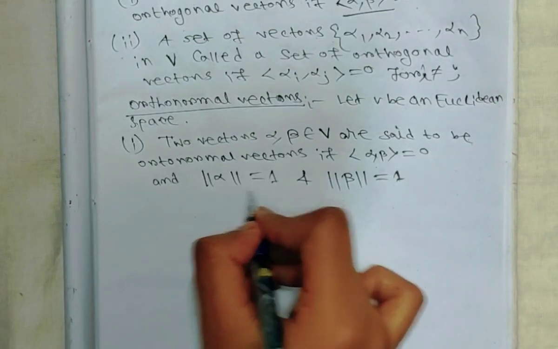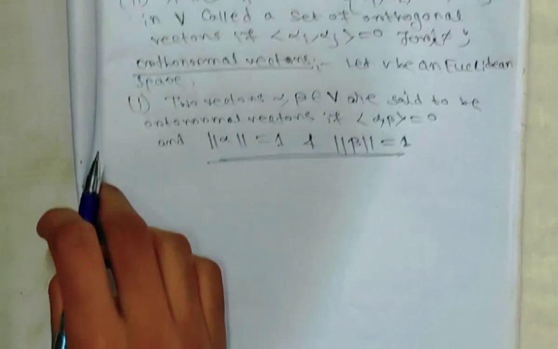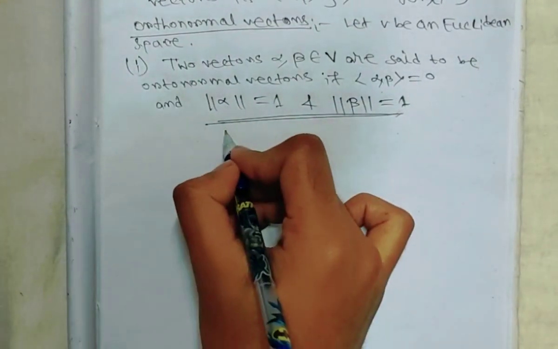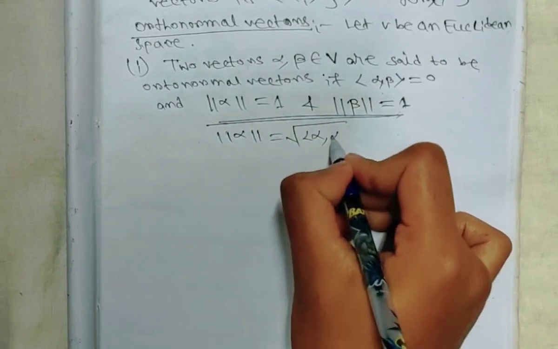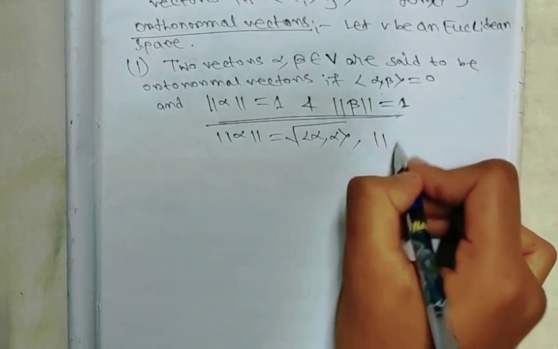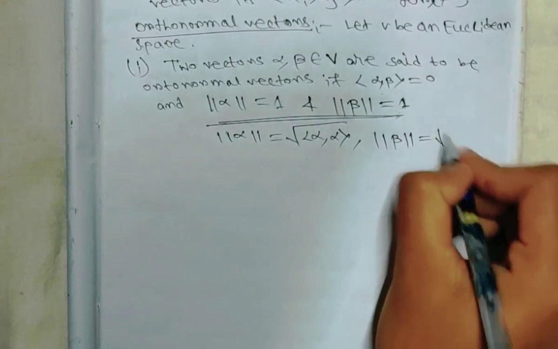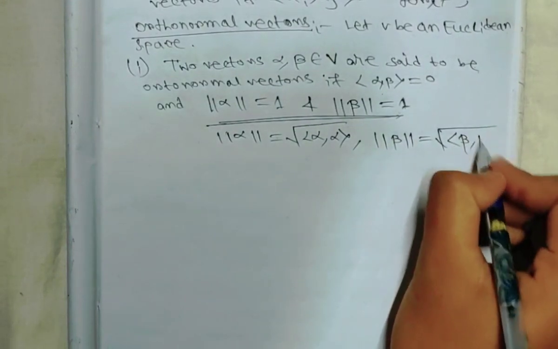Both norm alpha and norm beta have to be 1. What is norm alpha? Norm alpha equals the square root of the inner product of alpha, alpha. Similarly, norm beta equals the square root of the inner product of beta, beta.